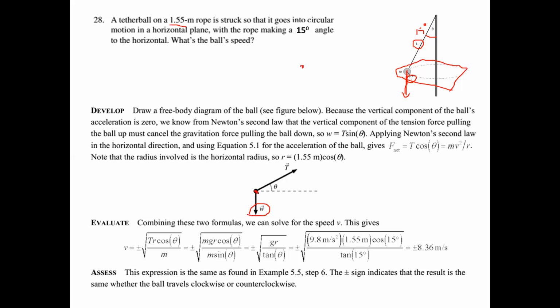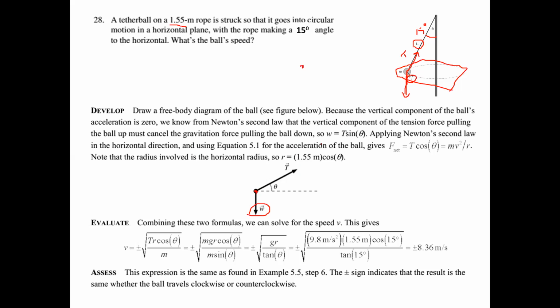Also, there is a tension because of this rope, right? There are only 2 forces on this ball: one is tension because of this rope, and one is weight because of its mass, okay?